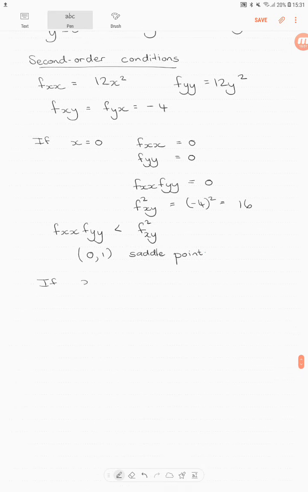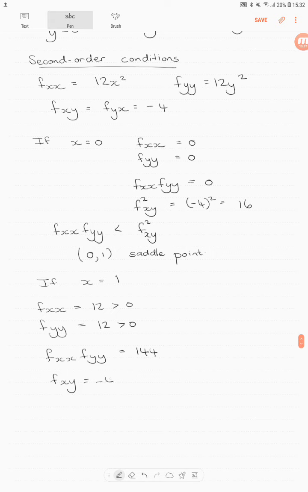If x is equal to 1, fxx is equal to 12, which is larger than 0, fyy is equal to 12, which is larger than 0, fxx fyy is equal to 144, fxy is equal to minus 4, fxy squared is equal to 16.